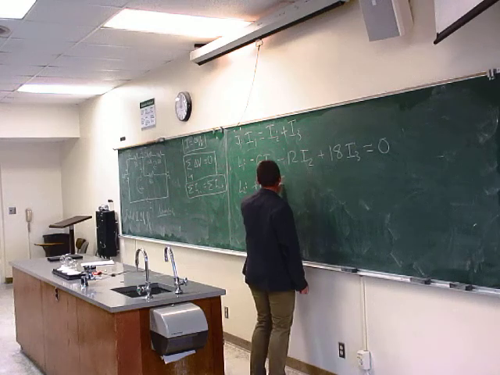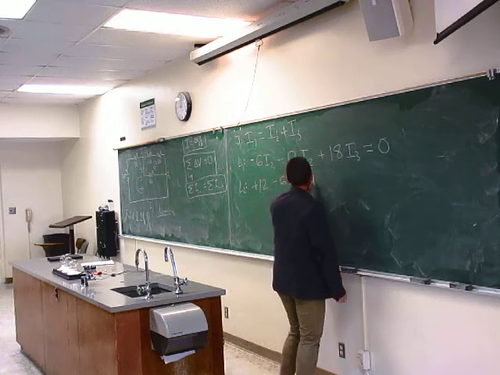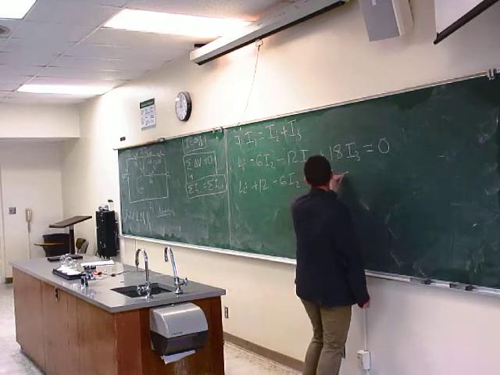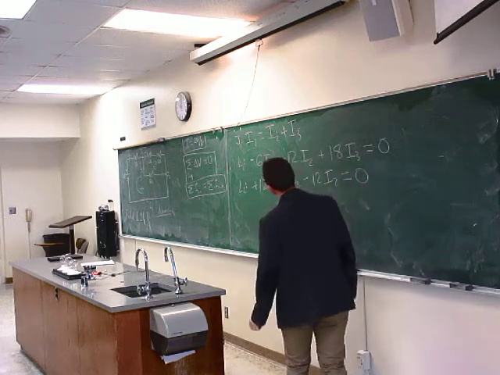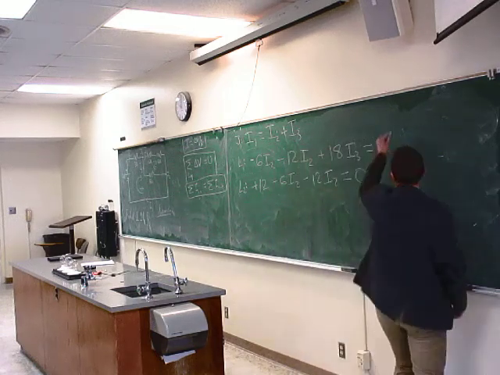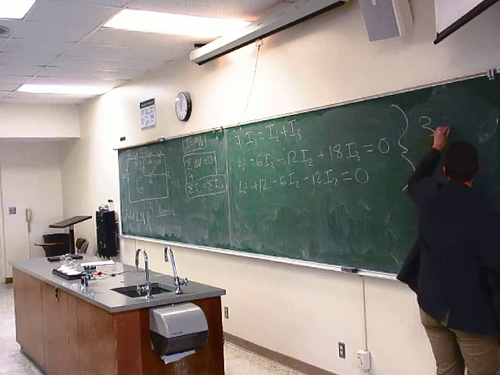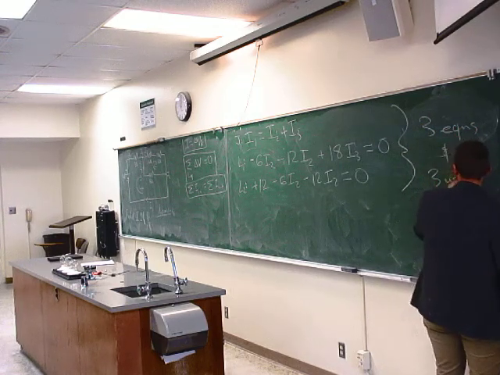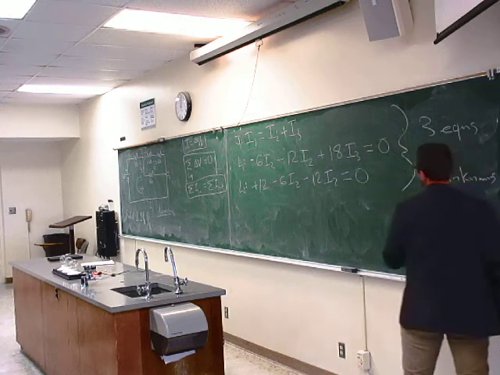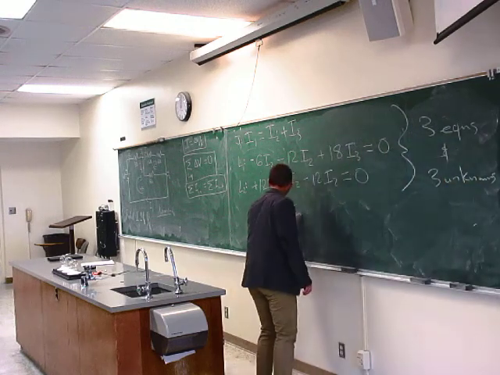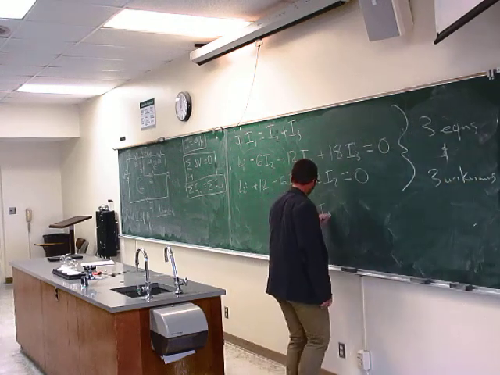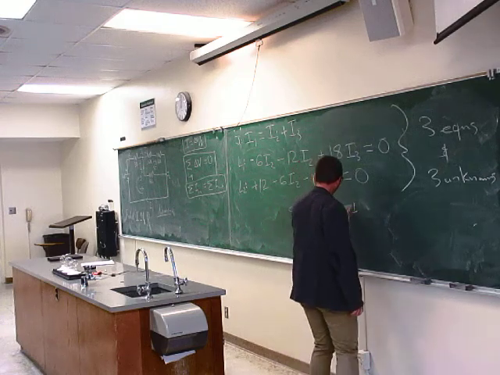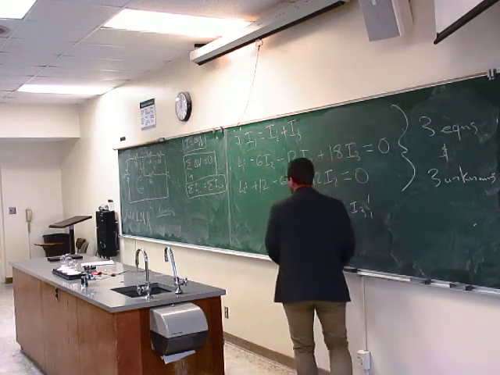And then I have minus 6 I2 minus 12 I2 equals 0. Okay, so 3 equations and 3 unknowns. So you solve for I1, I2, and I3.